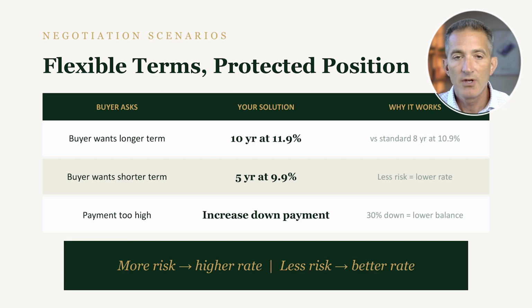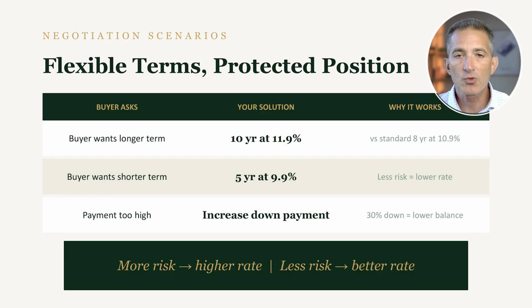For example, standard 8 years at 10.9% versus 10 years at 11.9%. The longer term compensates you for additional risk and time. If a buyer wants a shorter term, you can decrease the interest rate. For example, 5 years at 9.9% versus 8 years at 10.9%. The shorter term reduces your risk, so a lower rate is justified.